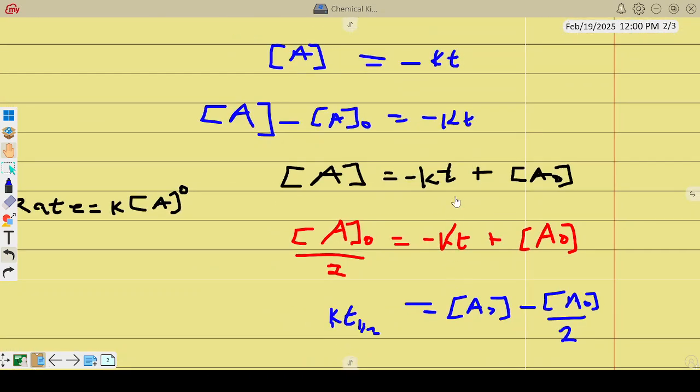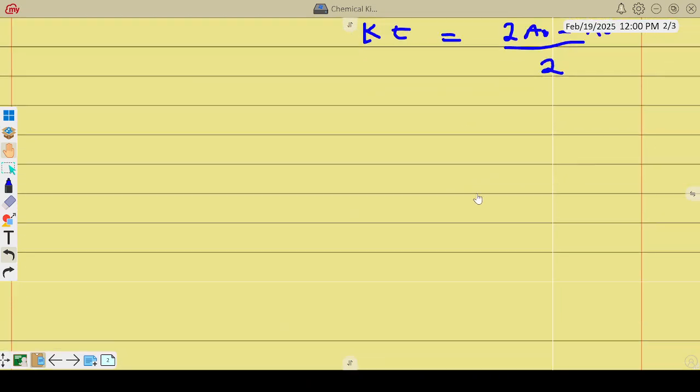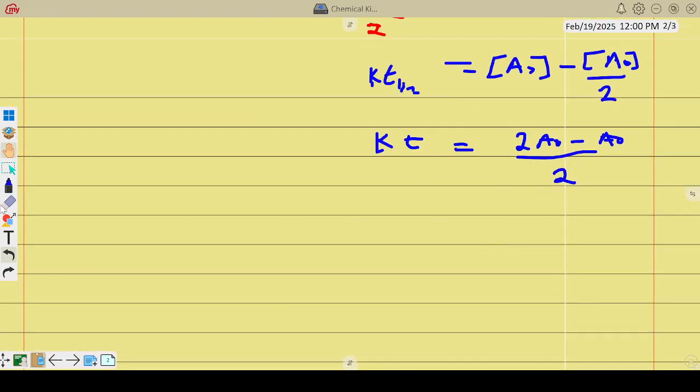Yeah, so it has roots coming from the basic applications. So we have KT is equal to 2A minus A, it's 1 A, so we have A naught over 2.